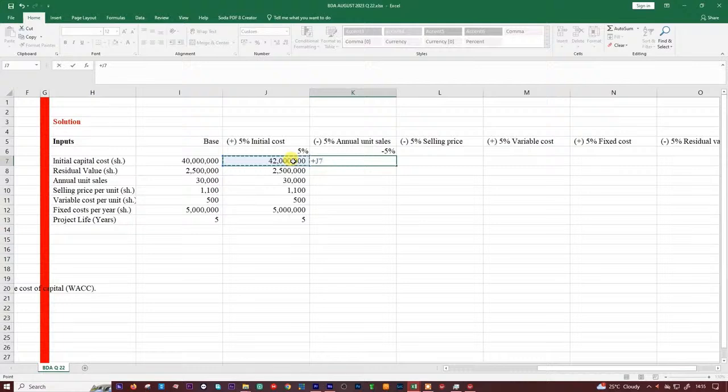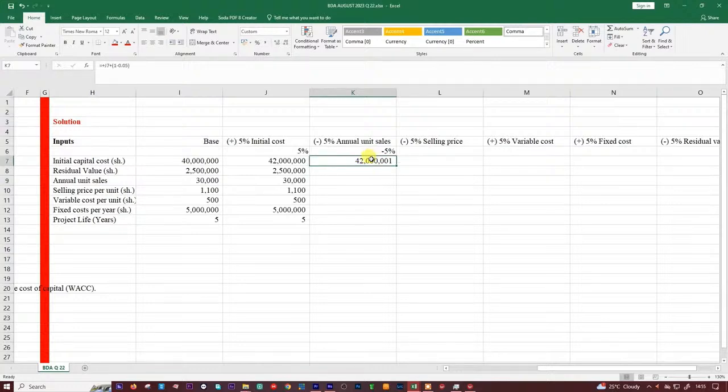So it should be this value, and then we're multiplying it by, open the brackets, 1 minus 0.05, since decreasing means subtracting.